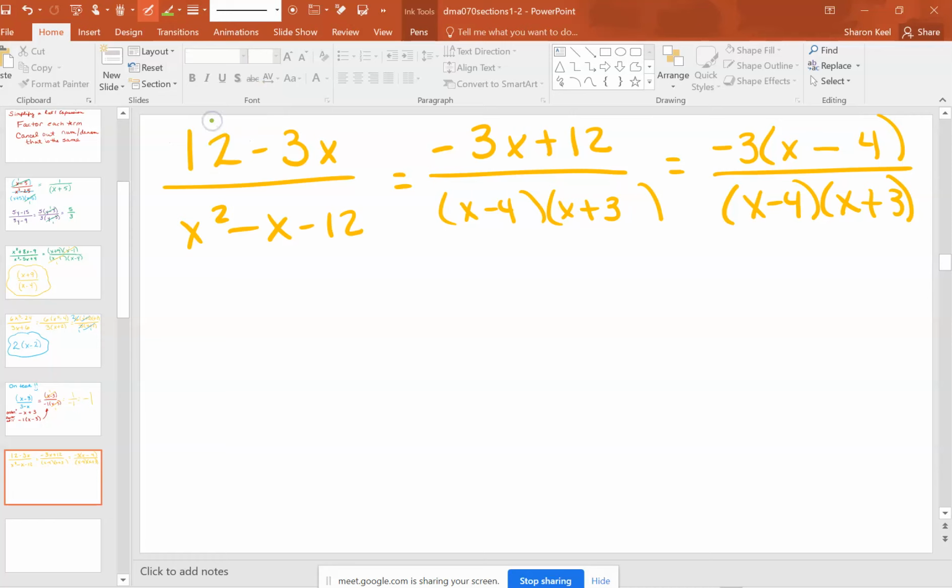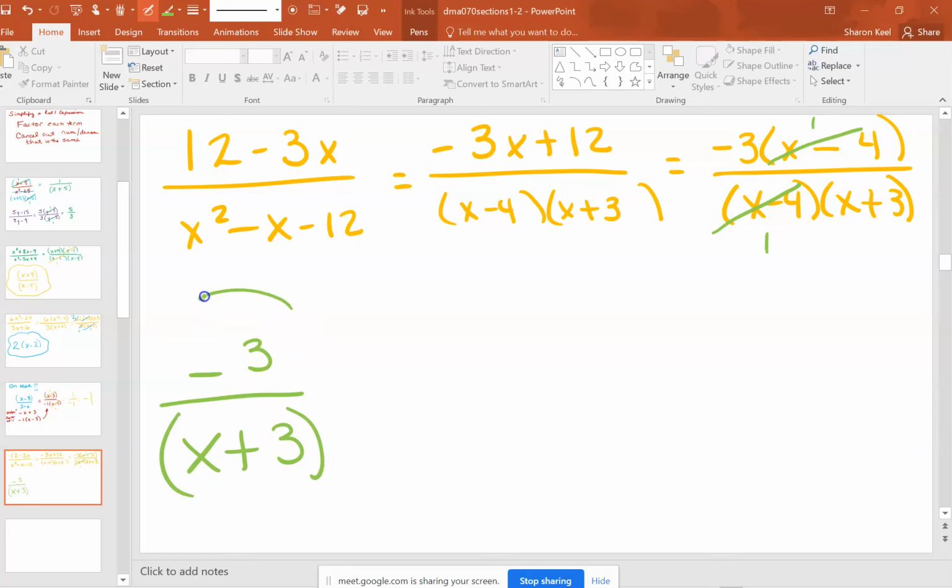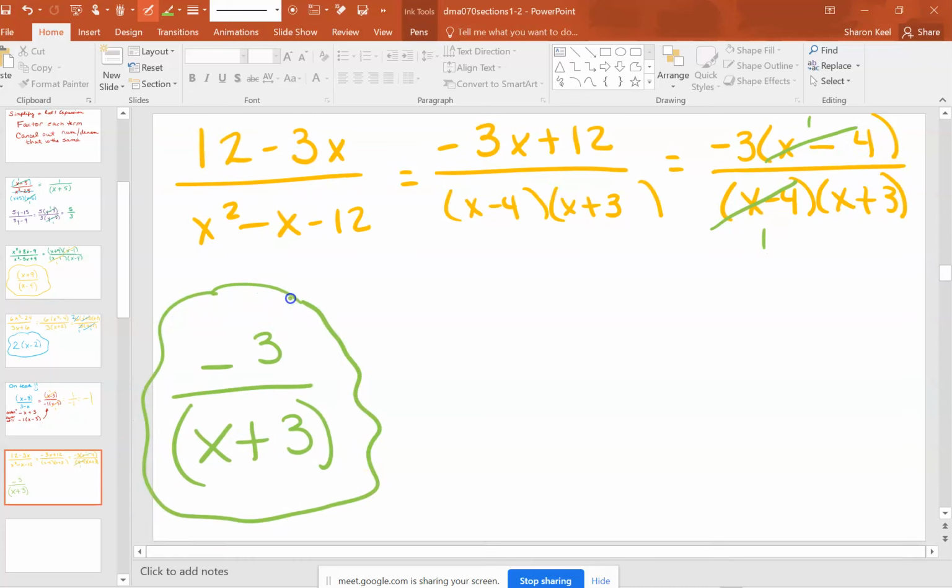So we put things in the right order, factor out a GCF, factor the trinomial if we can, and then now that's in common, so that cancels out, and I end up with negative 3 over x plus 3. Now, again, that 3 doesn't cancel out. That's all by itself. This is part of a unit. So your final answer is the negative 3 over the x plus 3.